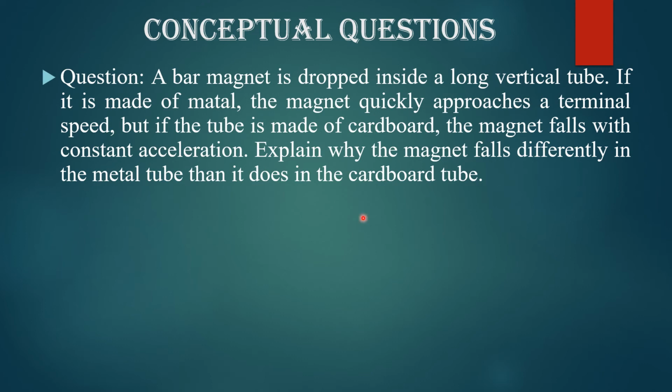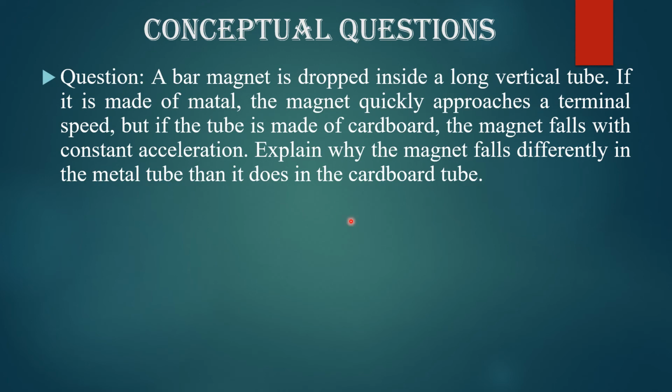We know the phenomenon of electromagnetic induction when a bar magnet is dropped inside a hollow metallic tube. So there will be eddy current produced in the metal tube, and due to that eddy current, an opposing force will be applied.